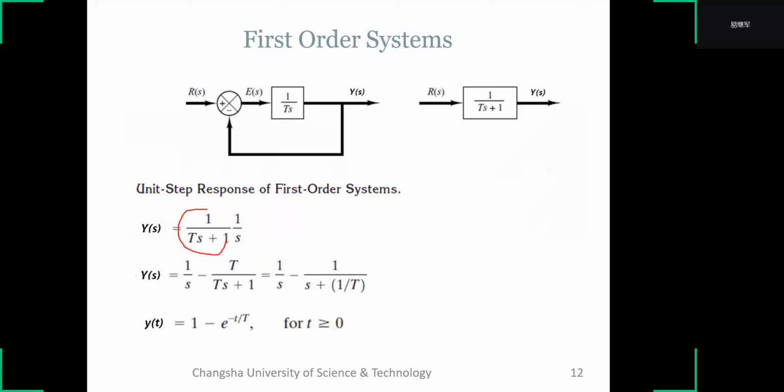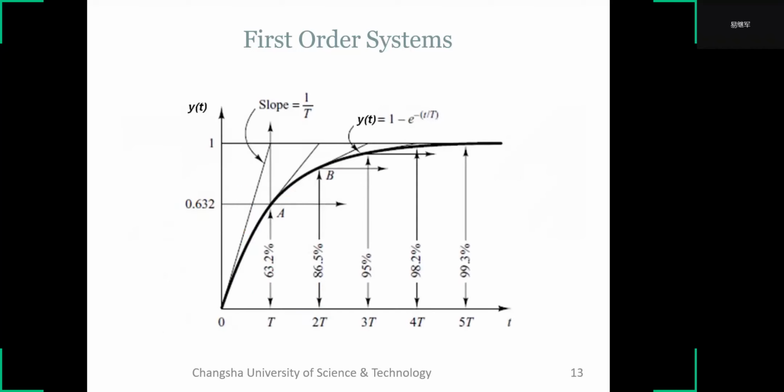This is the unit step response of first order systems. The unit step goes into the system, and we get the unit step response of first order systems. These are curves of first order systems. From the response curves, we can know some characteristics.